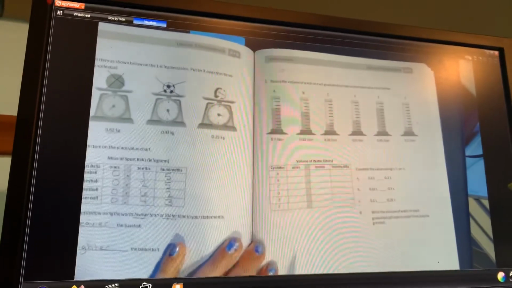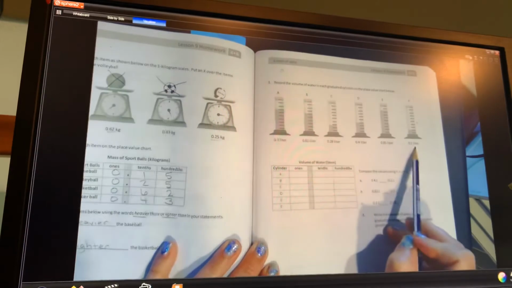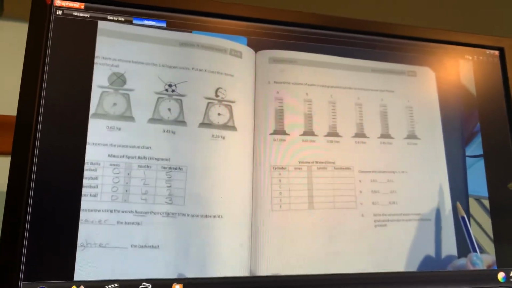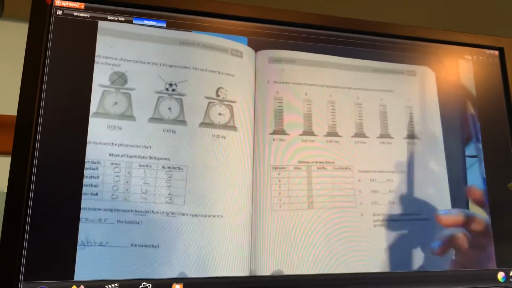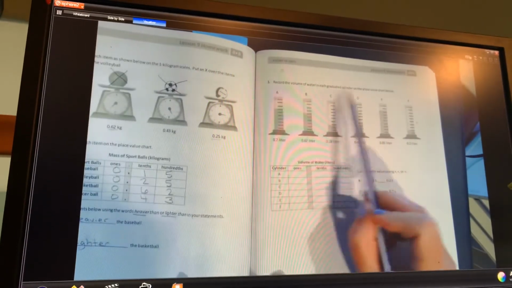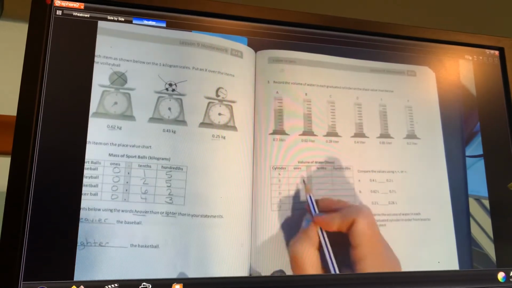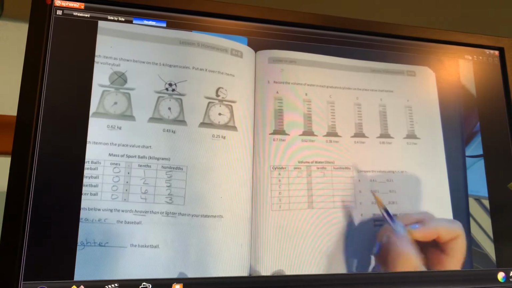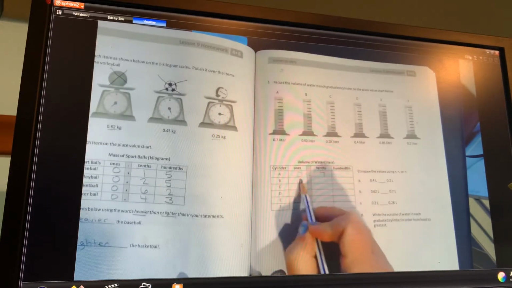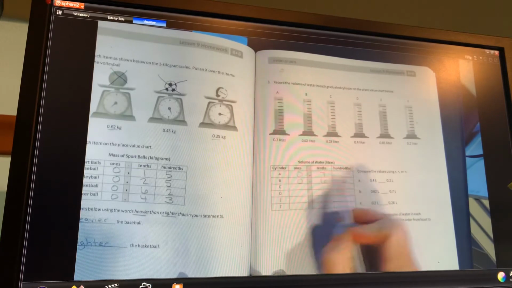Then we move over to the next page. We have some cylinders, and they've already given us the different amounts. They're not in any special order. And we have to decide the amount of the water on this chart. So cylinder A, we have nothing in our ones, we have 7 in our tenths. B, we have nothing in our ones, 6 in our tenths, 2 in the hundredths.